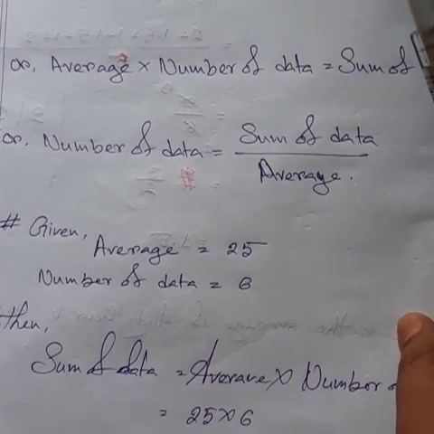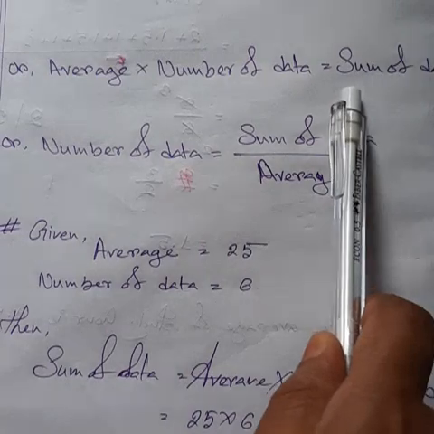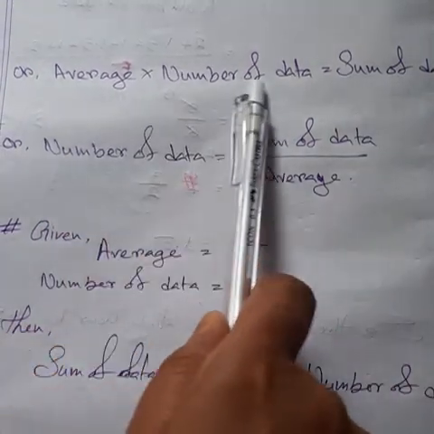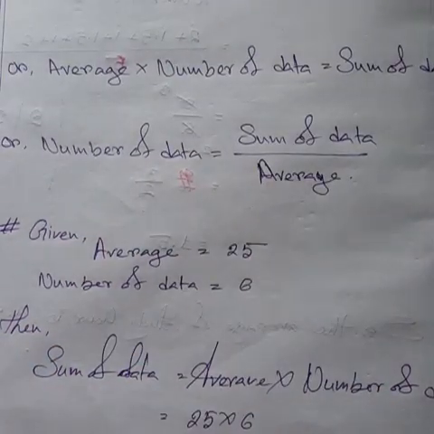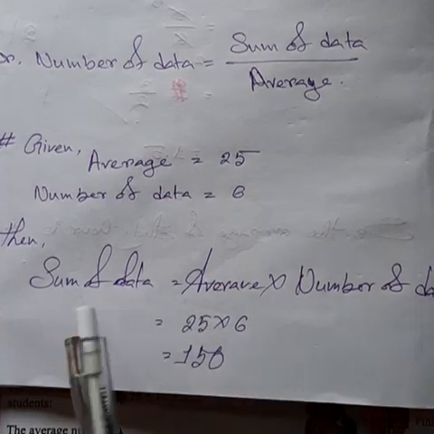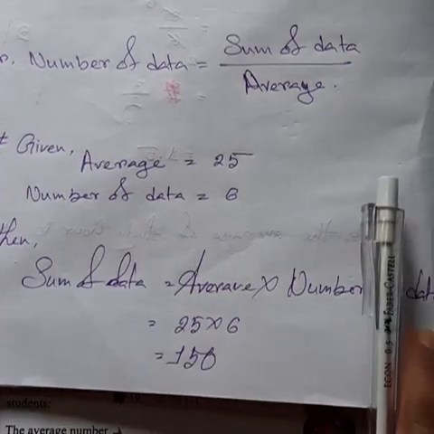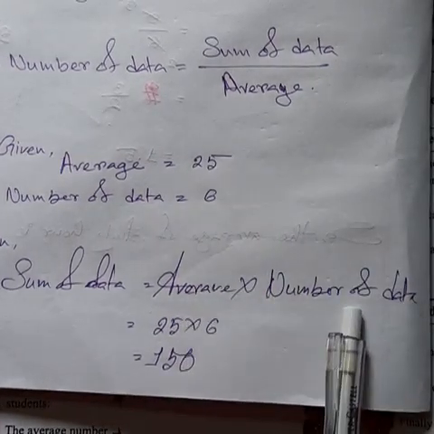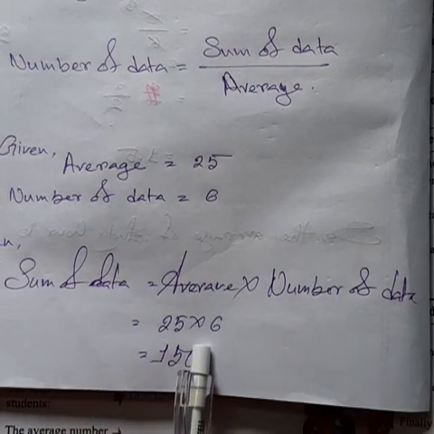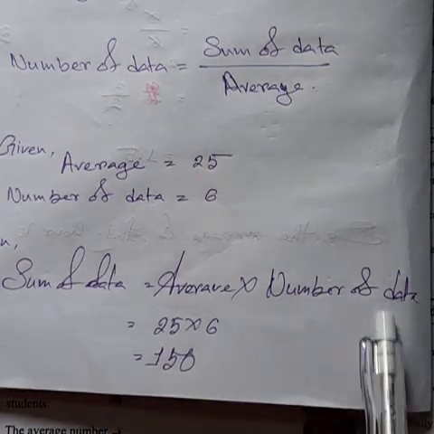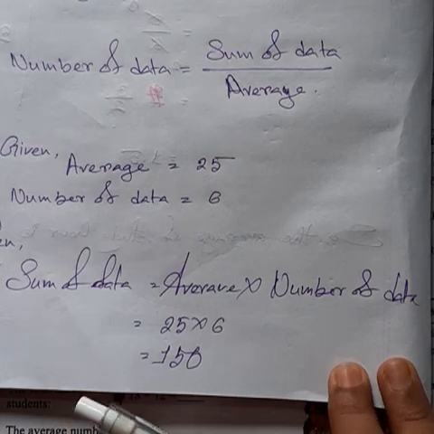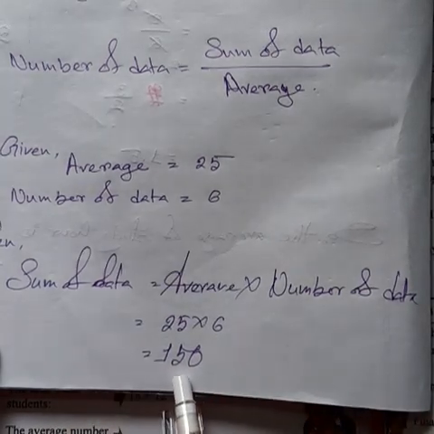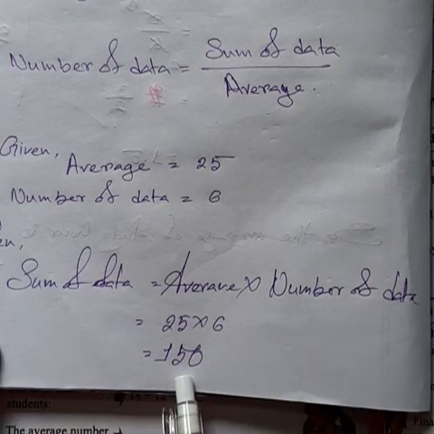And what is the formula of sum of data? Sum of data's formula is average into number of data. So what are we going to write down? Sum of data equal to average into number of data, 25 multiplied by 6. I didn't do the rough work over here, hopefully you'll do it by yourself. I think the answer is 150.